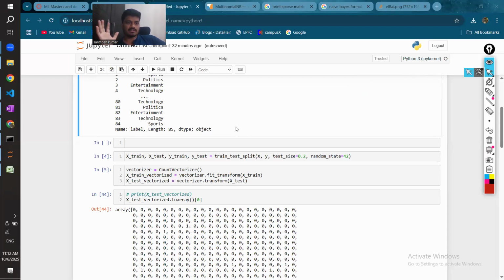Just hear these terms, no need to worry about them, we'll see them in future. We have bag of words, count vectorizer, then TF-IDF. These are basic. Then we have something a little more advanced called Word2Vec, then different kinds of embedding models.